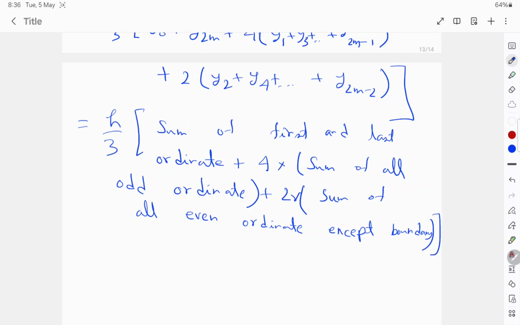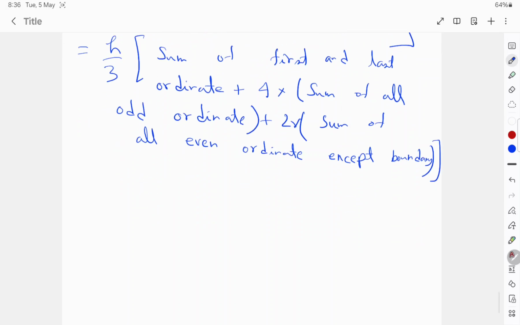That means except for the first and last ordinate.